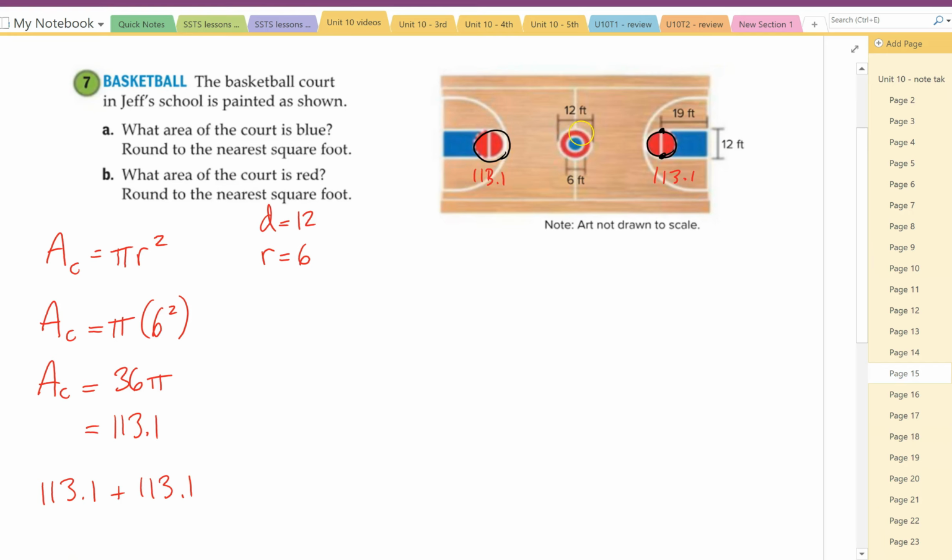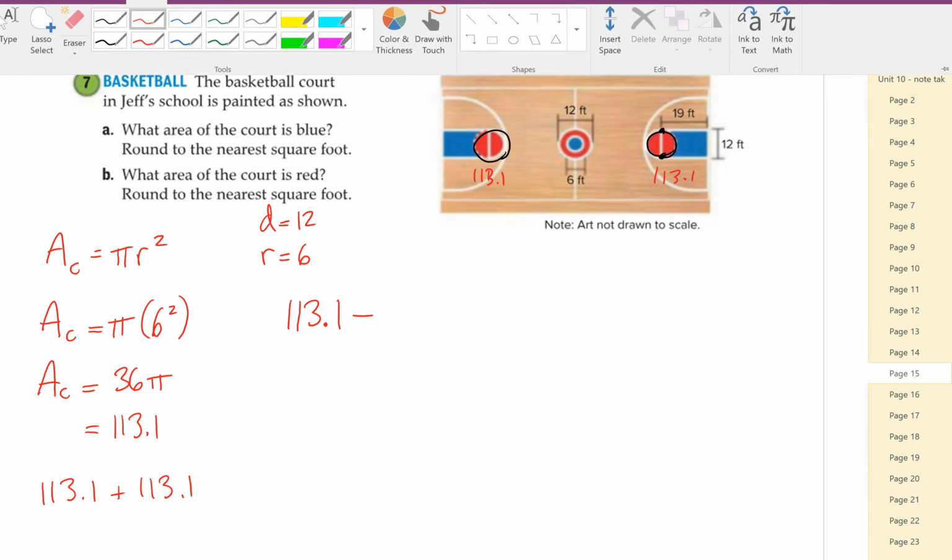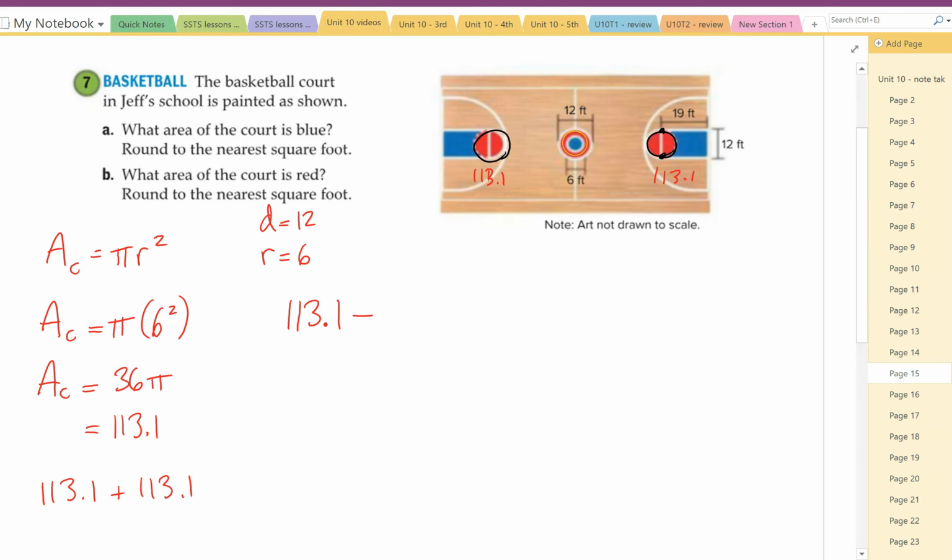So I know that basically this whole circle would have the same area as both of these circles that I already found. So I'm going to start with 113.1, but I'm going to subtract the area of this little blue circle inside of here. Okay, so let's figure out what the area of that little blue circle is. Well, its diameter, it's showing us here, in other words, from right there to right there, is 6 feet. So the diameter is 6, radius is half of that, so 3.